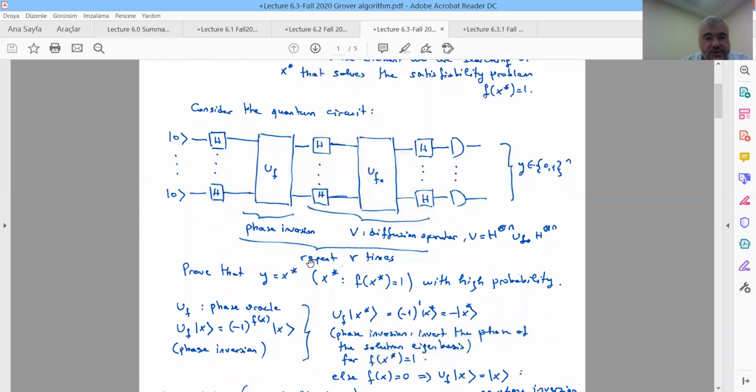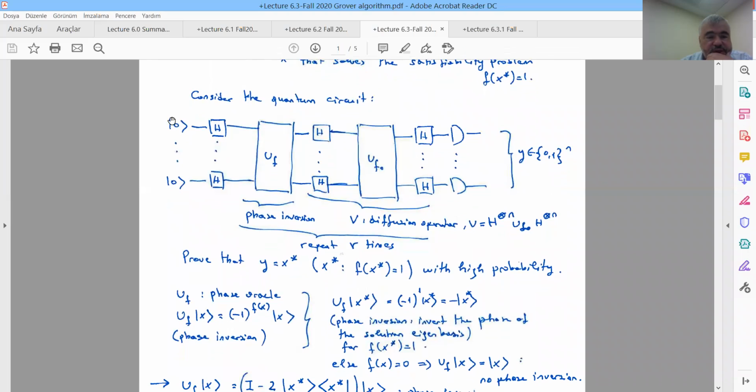So let's consider this quantum circuit. In the input, we have n qubits in the state zero, and we apply Hadamard tensor n on these n qubits. This is the quantum Fourier sampling construct we discussed. Then U sub f is the phase inversion primitive we discussed.